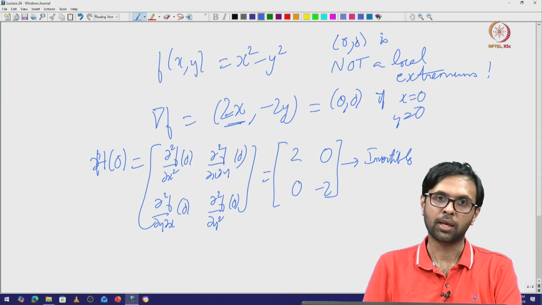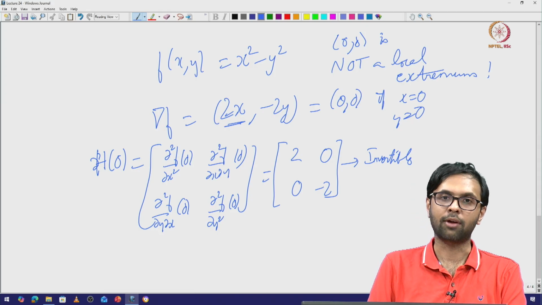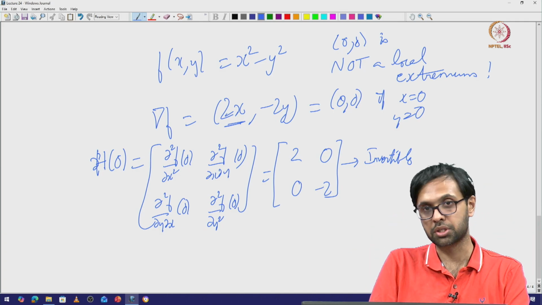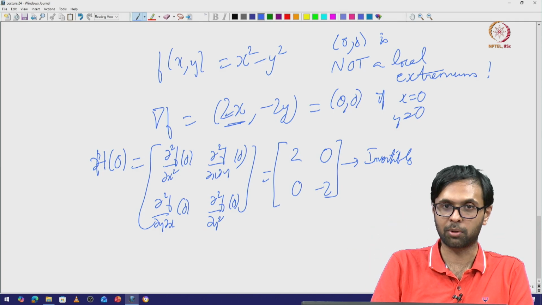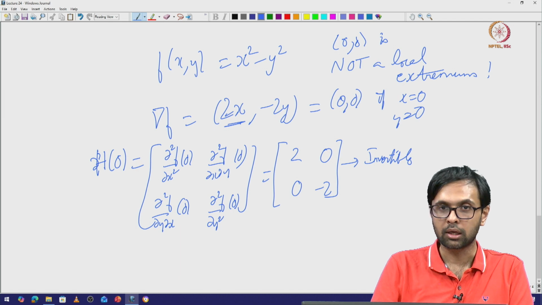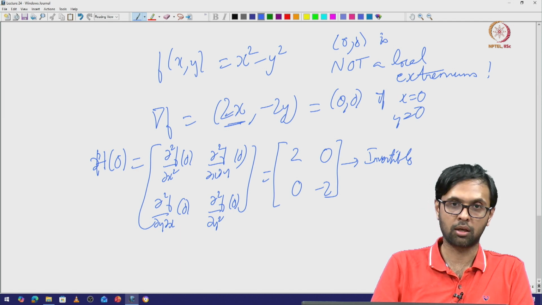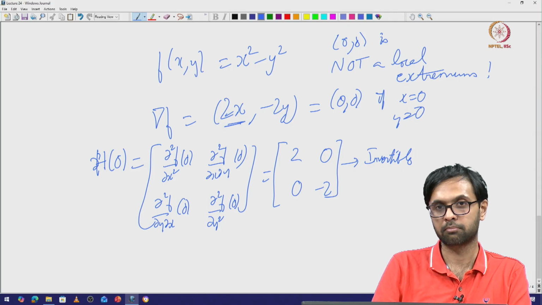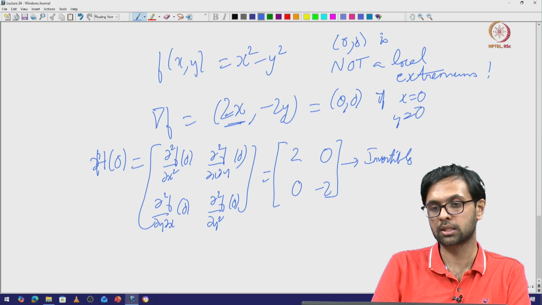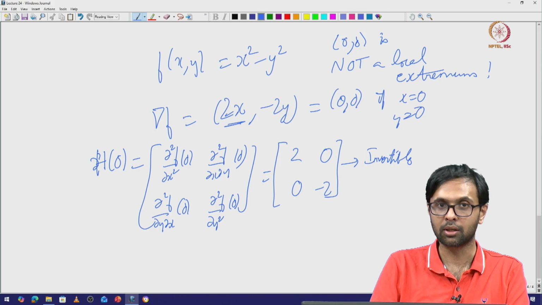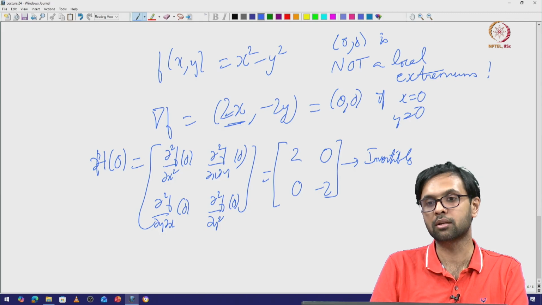The reason is, in one variable calculus, if f double dash is invertible, which would mean that f double dash is not 0, so it's either strictly positive or strictly negative, and if f dash is 0, then we know for a fact that the point we have is a local extremum. However, here the Hessian, the second derivative, is invertible, the first derivative is 0, and yet this is not a local extremum.